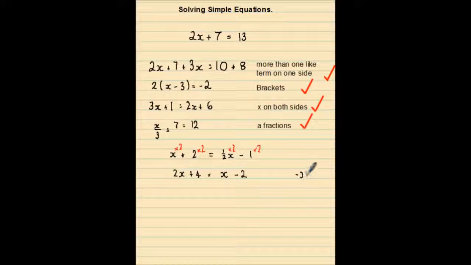Well, the inverse of plus x is minus x, so we apply this to both sides. And finally, we've got an equation in the form that we recognize.